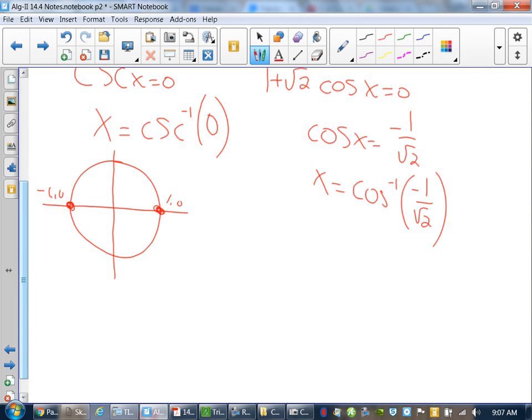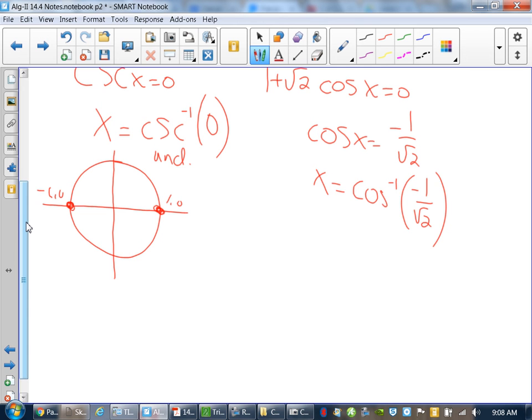So that's undefined, isn't it? Cosecant can't equal 0. It's undefined. Because what I want you to think of is cosecant is the inverse of sine. Sine is your y value. So you look at where's my y value? It's 0 at 0. But the inverse of that would be 1 over 0, which means it's undefined.